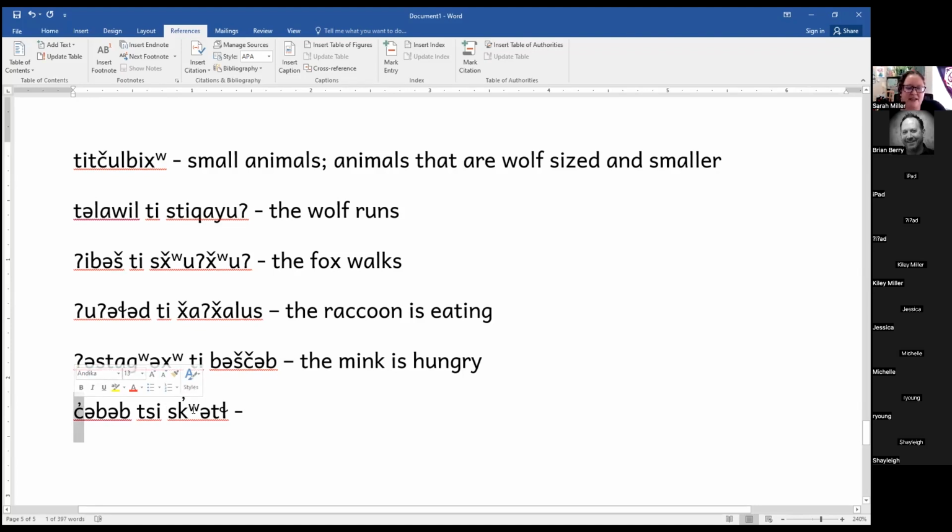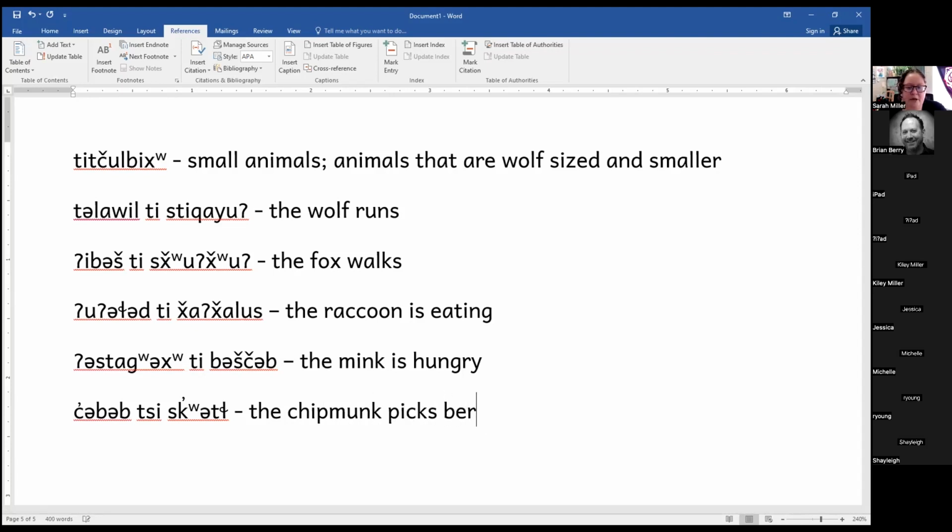Remember that TS sound? Above C squat. And above is to pick berries. Squat is a chipmunk. So the chipmunk picks berries. So yes, the whole word above means to pick berries.